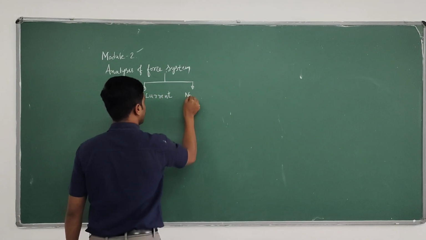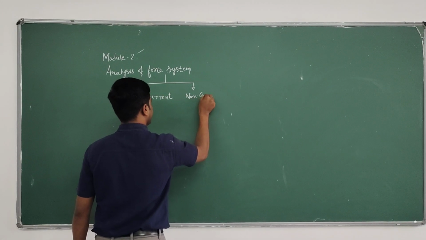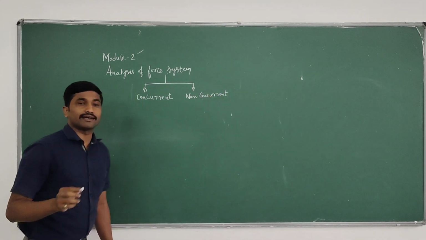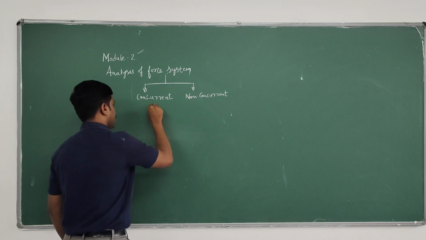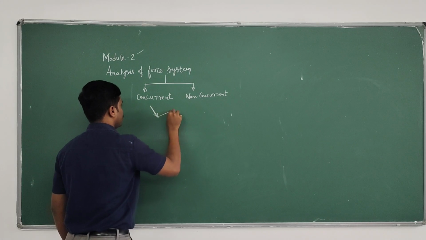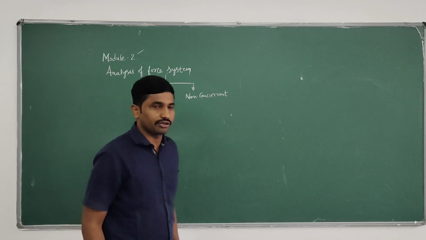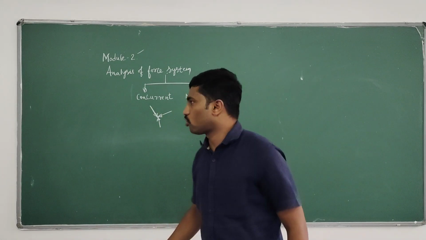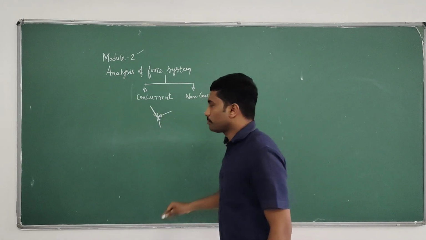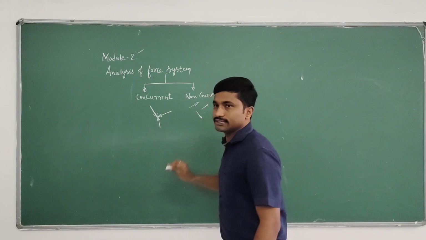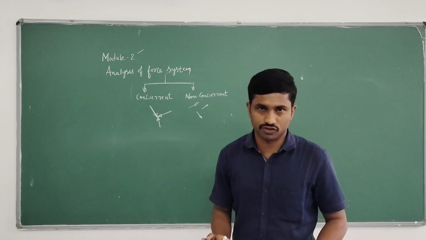What is meant by concurrent? Concurrent means all forces meet at a single point. What is meant by non-concurrent? Forces do not meet at a single point; they diverge in all directions.